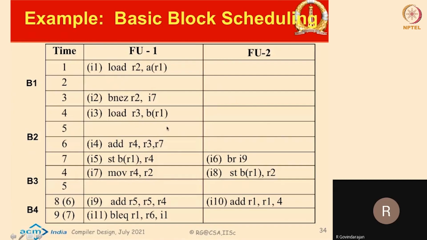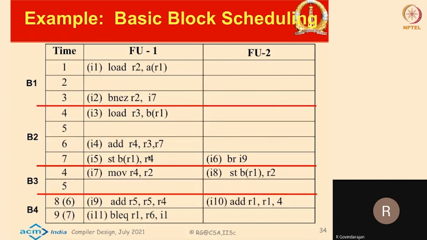I have to leave the stall cycle, and this is the maximum that I can do, because this add instruction produces a value in R4 which is being used by the store instruction. So there is a sequence of dependencies in basic block B2, and this is the best that I can do as far as B2 is concerned.